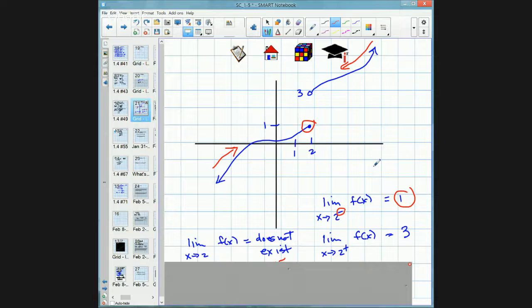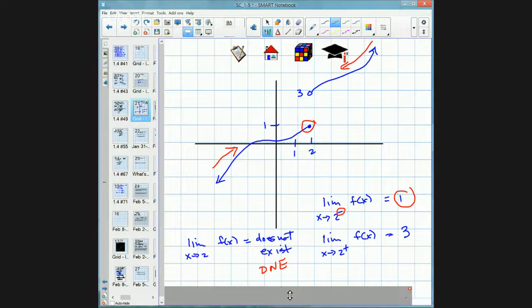Because we're not approaching the same height from both sides, we say this function does not have a limit. In other words, the left-hand limit and the right-hand limit do not agree. Whenever that happens, we say the limit does not exist.